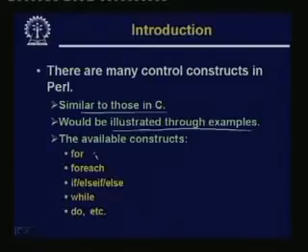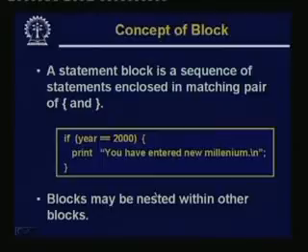There are constructs like foreach, if, else and some small variations, while, do, etc. So, we shall see what these constructs are. You may be familiar with the names, but how they can be used in Perl, this we shall see.